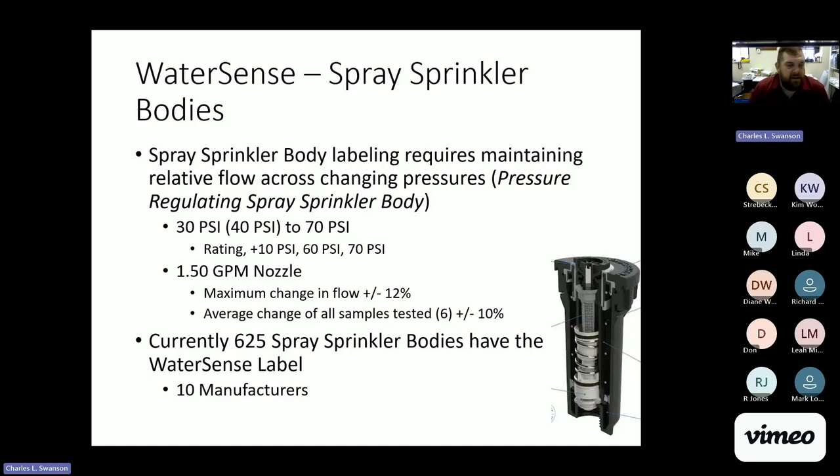Currently, there are over 625 sprinkler bodies that have the WaterSense label that come from 10 different manufacturers. You can see in this little breakout diagram an example of a sprinkler body that has that pressure regulator, this white component built into the bottom of it.